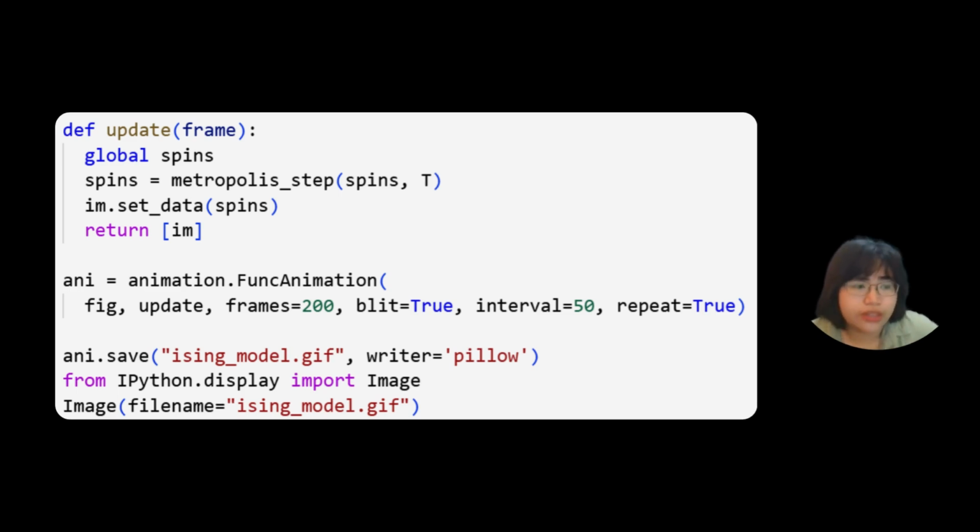Pwede mo siyang i-plot using image show, so imshow, at mag-set ka ng custom color map, or gray, or you can like choose even a different color scheme. So, kung gusto mo talagang makita yung evolution over time, pwede kang gumamit ng animation. Sa Matplotlib, merong FuncAnimation from Matplotlib animation. So, with that, pwede kang gumawa ng time-lapse after ilang iterations. So, result is on the next slide.